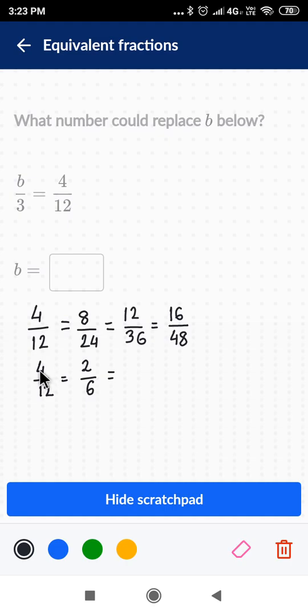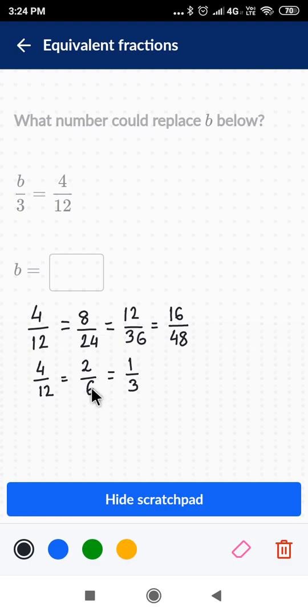So we cannot divide by 3, but we can divide it by 4. Okay, so 4 ones are 4 and 4 threes are 12. So both places we will get integers. So 1 by 3. These are some of the fractions which are equivalent to 4 by 12.